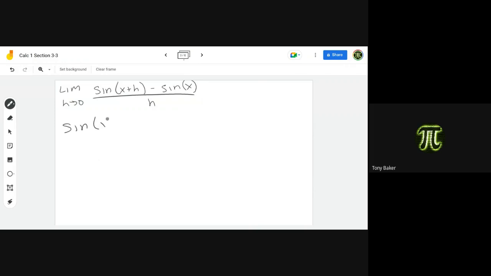So when you're doing the sum of angles, it ends up equaling sine of x cosine of h plus cosine of x sine of h.